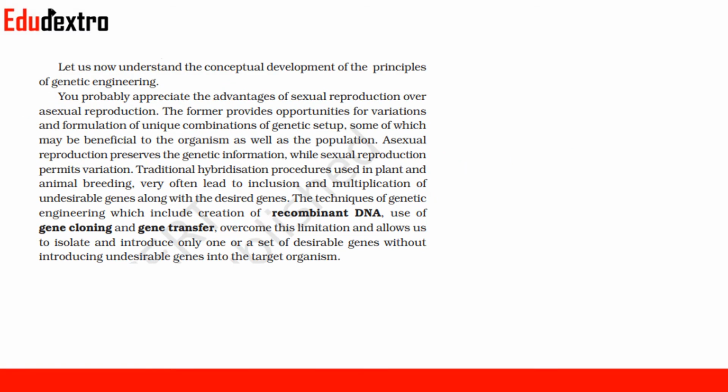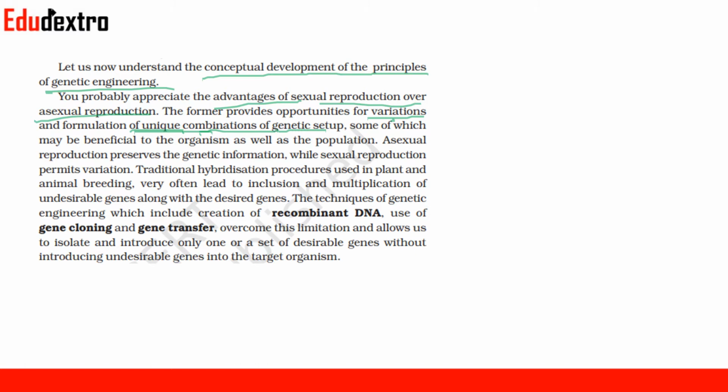So guys, now let's understand the concept behind the development of the principles of genetic engineering. We already know the advantage of sexual reproduction over asexual reproduction. We already know that sexual reproduction can bring about variations, and it can bring about unique combinations of genetic setup by bringing genes from two different individuals and forming a new combination.